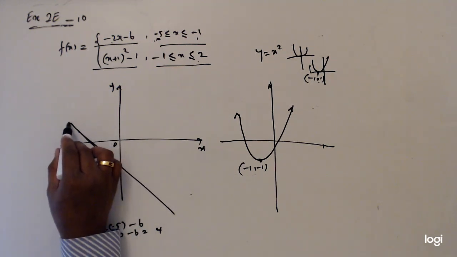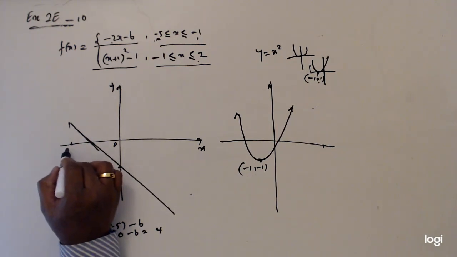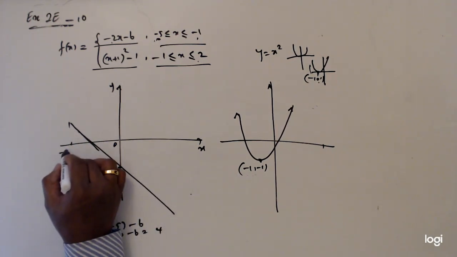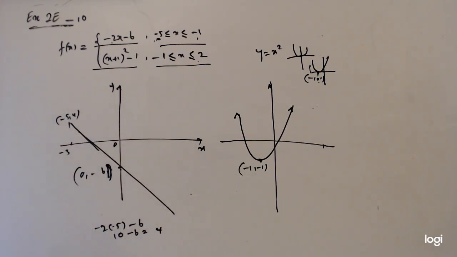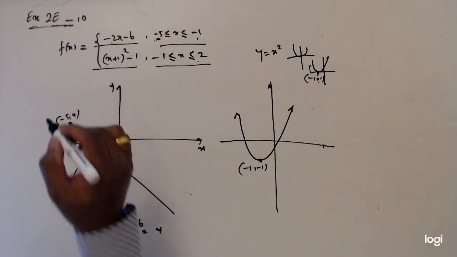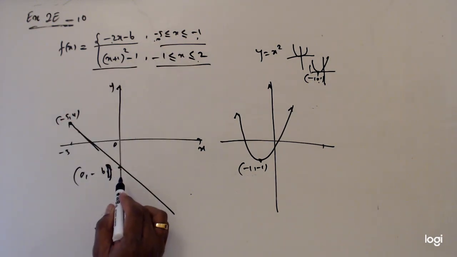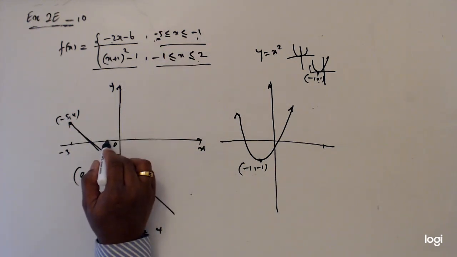So somewhere here. This is going to be minus 5, and this point is minus 5, 4. This is one boundary, and this is equal, so the point is filled, a dot. And what is the end? Minus 1, so somewhere here.